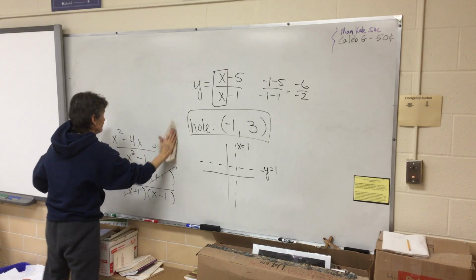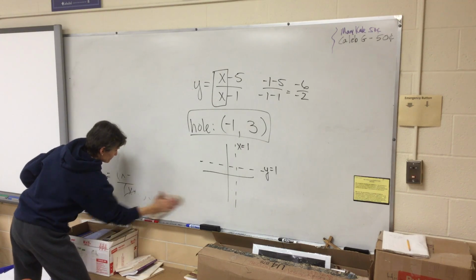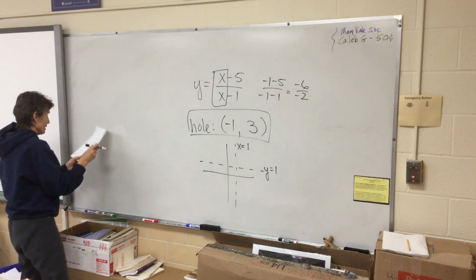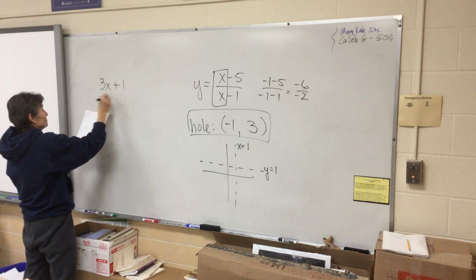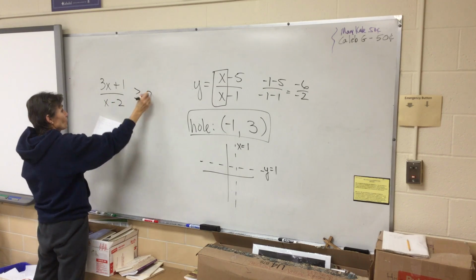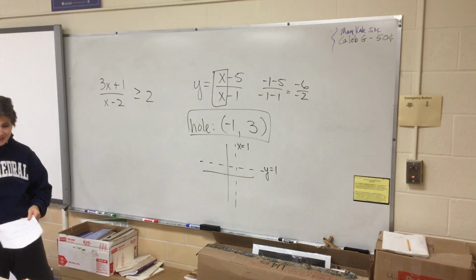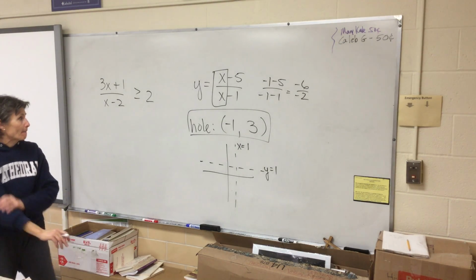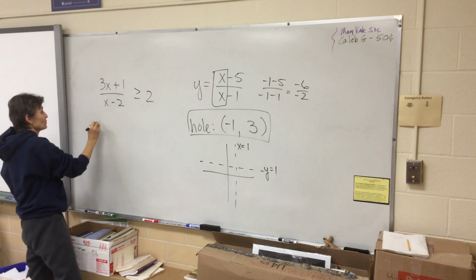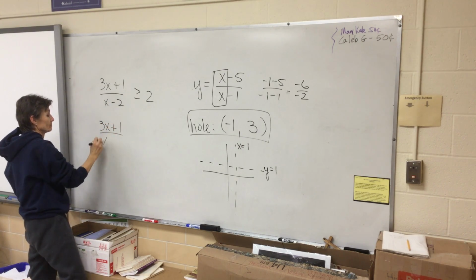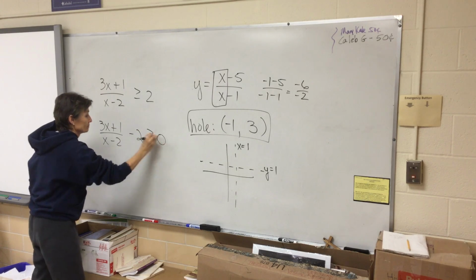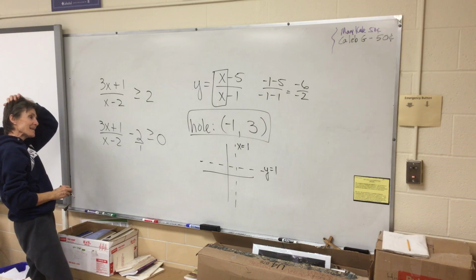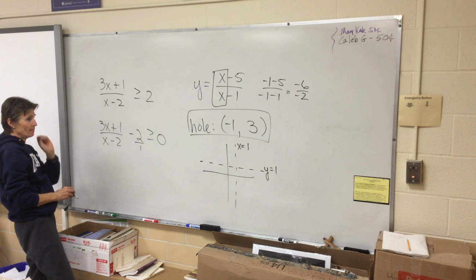Okay. And here we go. Last one. We got to solve this equation or inequality. All right, so you recall the first thing you have to do is subtract the 2. Think of it as 2 over 1, because now we're going to get a common denominator.